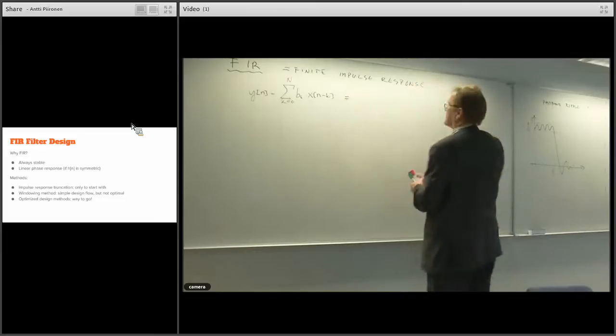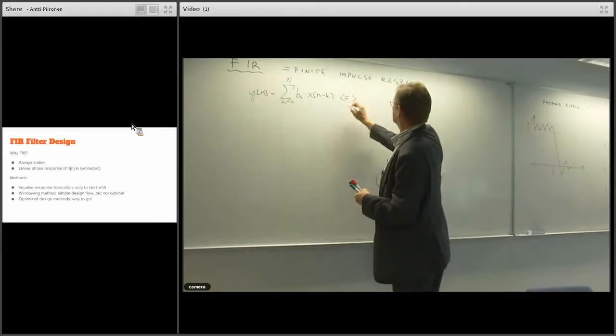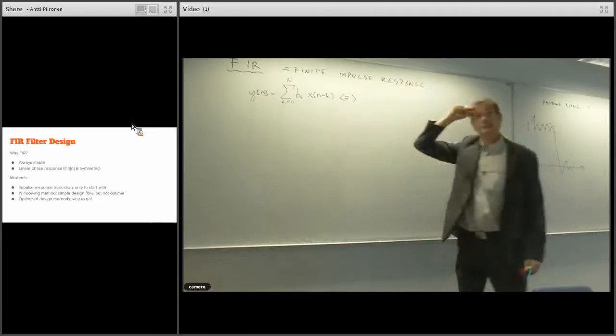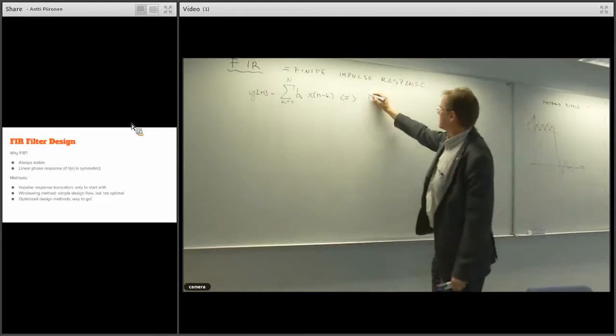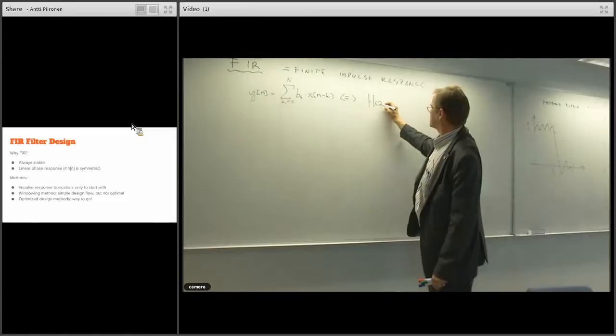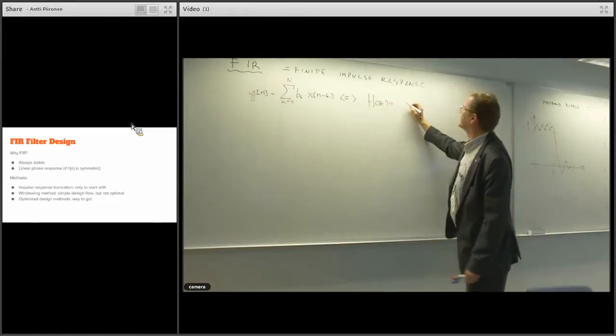And let's think also what our transfer function looks like.